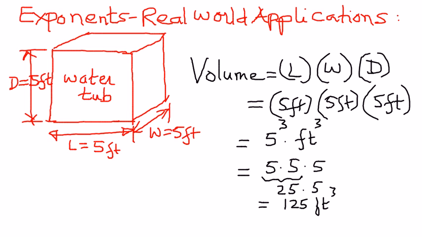You can write it as feet cubed, or you can also express it as 125 cubic feet. And this is our answer. This is where we want to leave it.